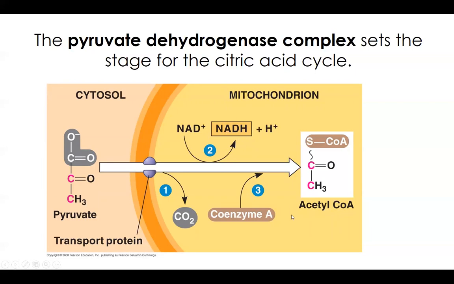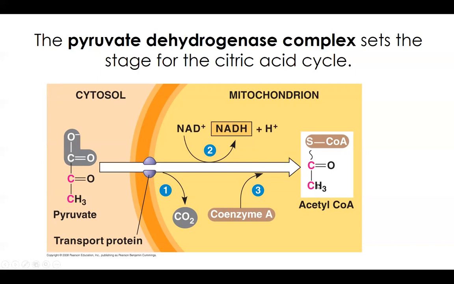The last part of this is to attach a coenzyme A molecule. The way to think about CoA being added is that it helps spring-load this. This bond has a lot of energy, which helps propel it into the citric acid cycle. It's just going to be there for a second, like a spring that's going to launch it.